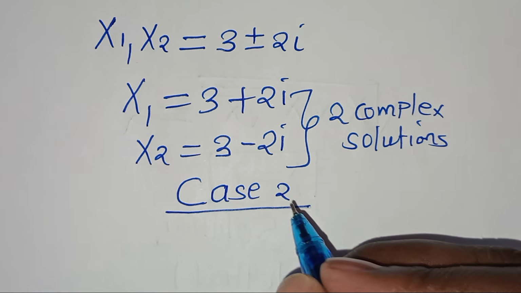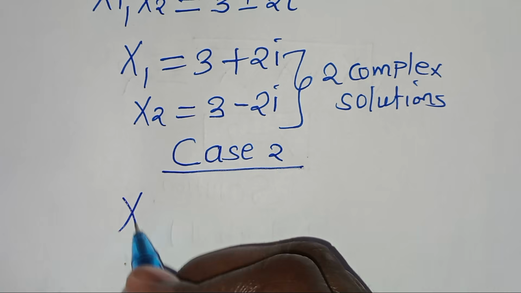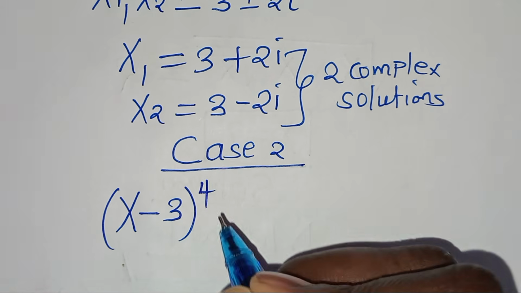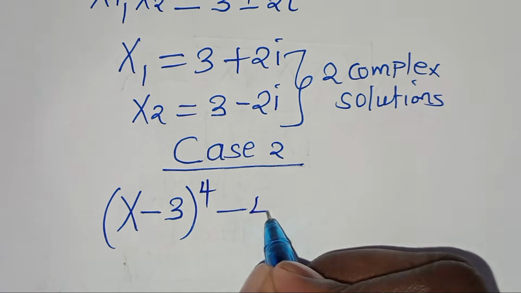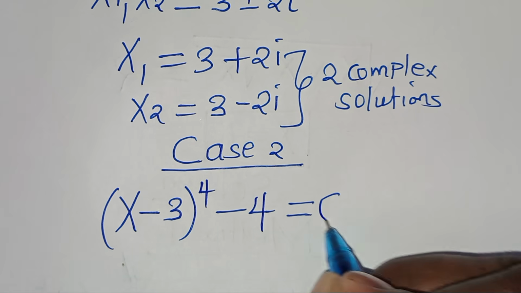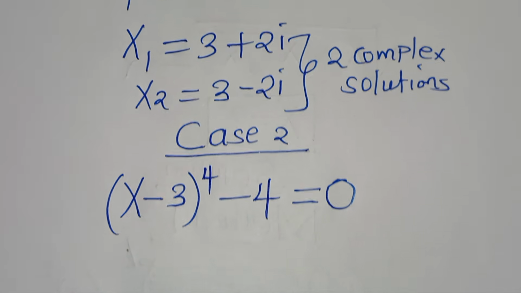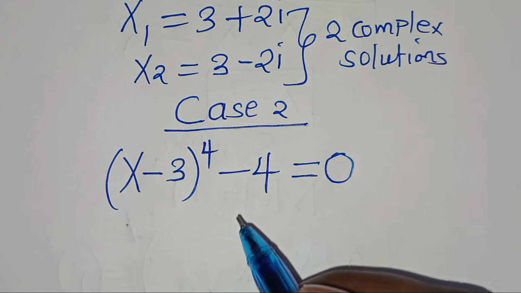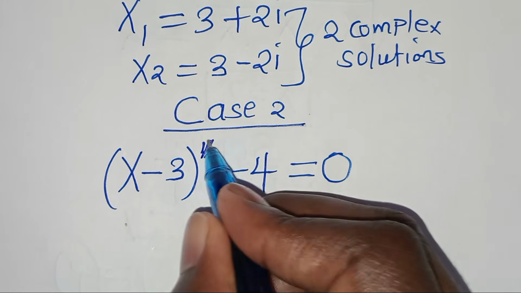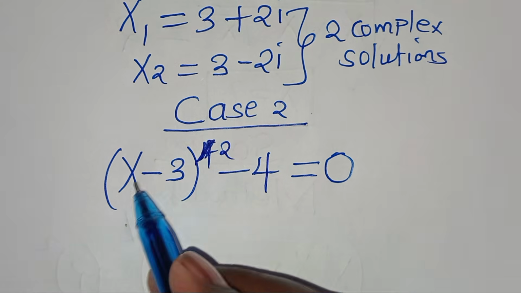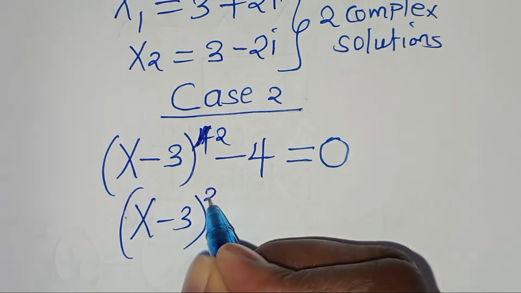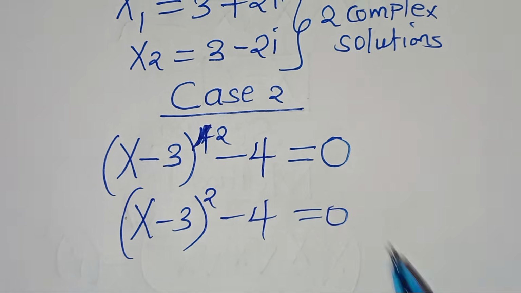In case 2, we have x minus 3 raised to the power of 2, minus 4, equal to 0.